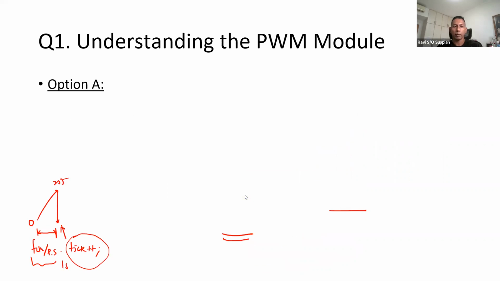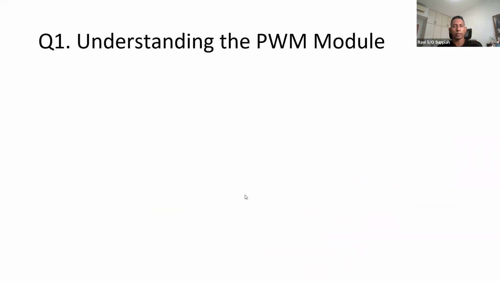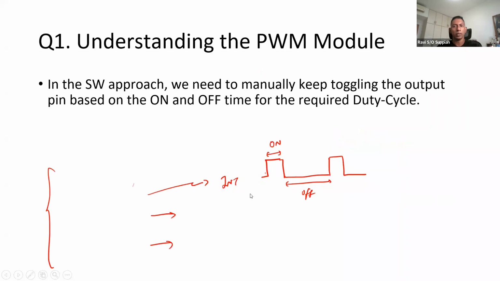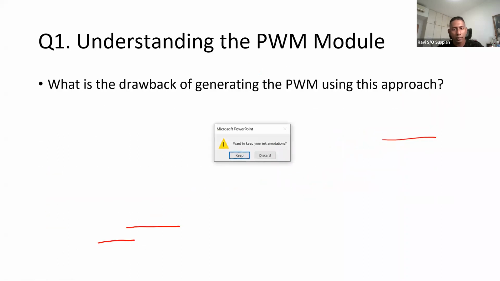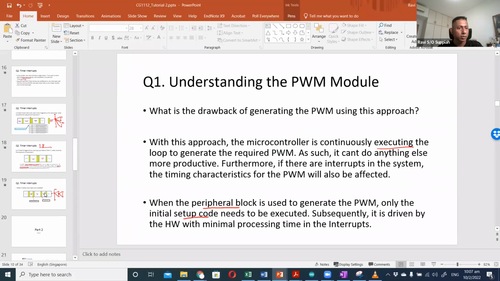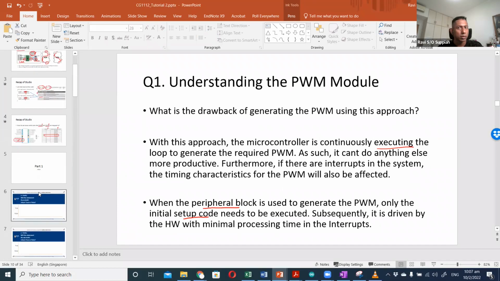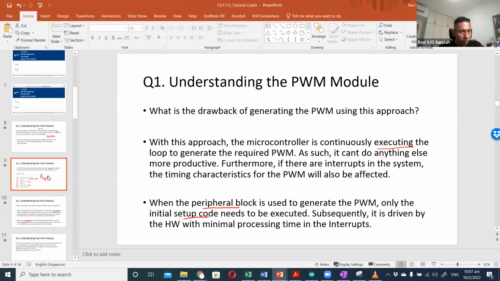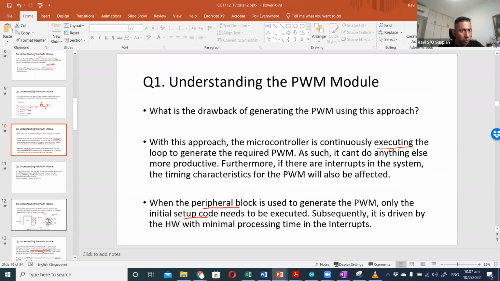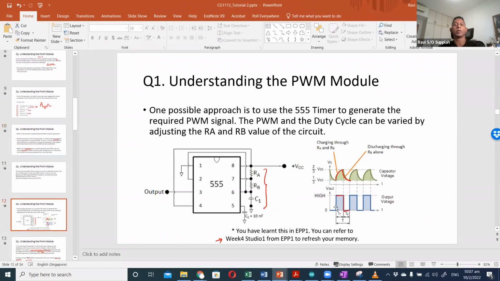In the earlier one where we talked about the hardware and software approach, let me see, where is that? So this one is where we talk about the PWM using the 555 timer.